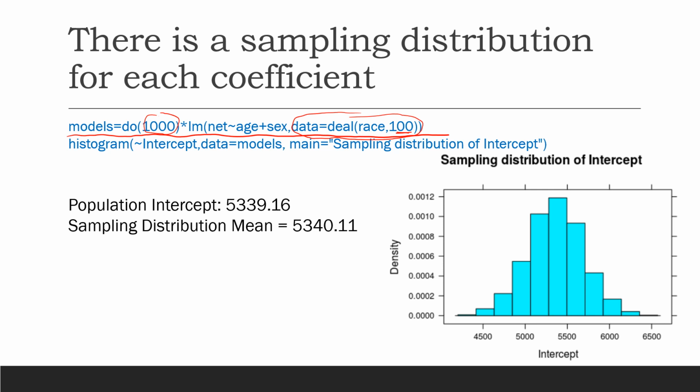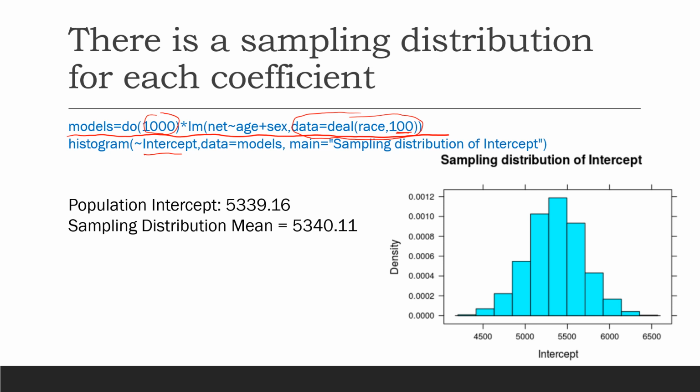Then I'm looking at a histogram of all of the different intercepts from these 1,000 different models. This is showing how the intercept varies from sample to sample when I take random samples from the population of all finishers of the Cherry Blossom 10-mile race in 2005.